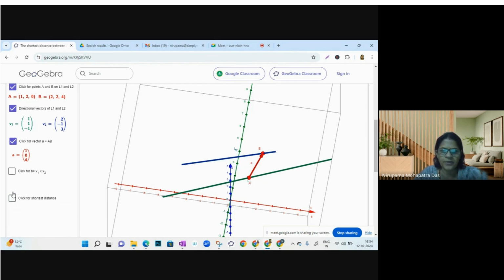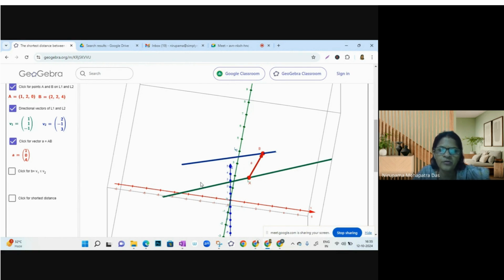Regarding direction, line L1 is parallel to vector B1, so B1 is the direction vector of L1. Similarly, line L2 is parallel to vector B2, the direction vector of L2.